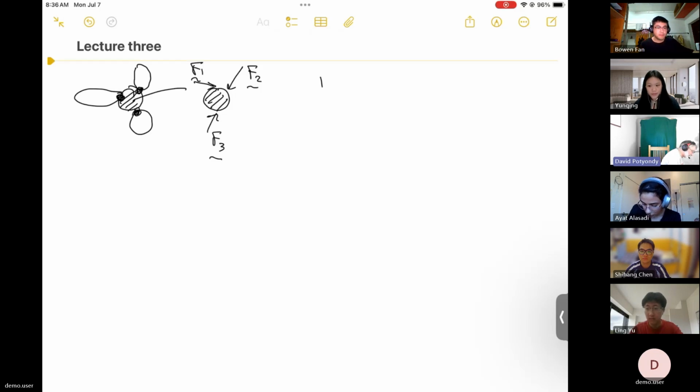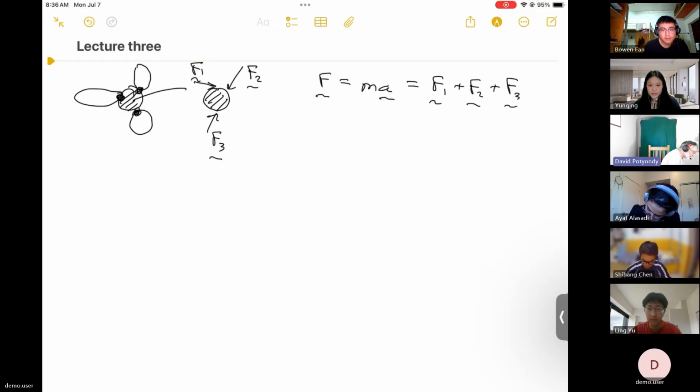And we can say F equals MA. I'm putting a little squiggle underneath each thing to designate that it's a vector. And F is F1 plus F2 plus F3.